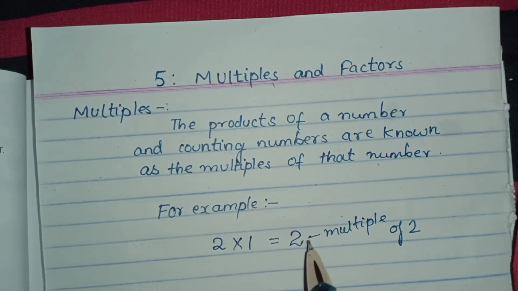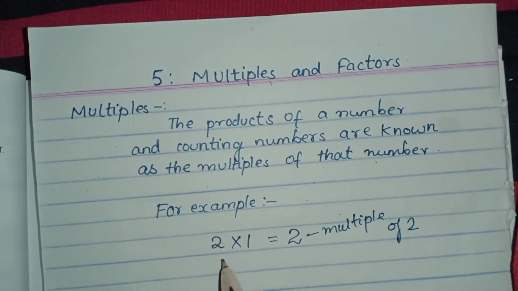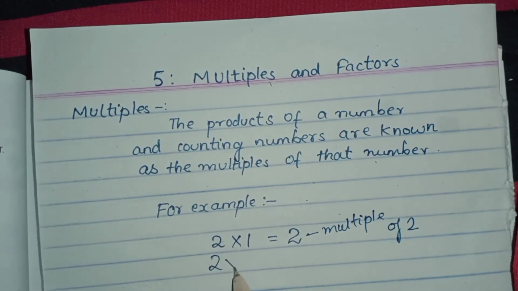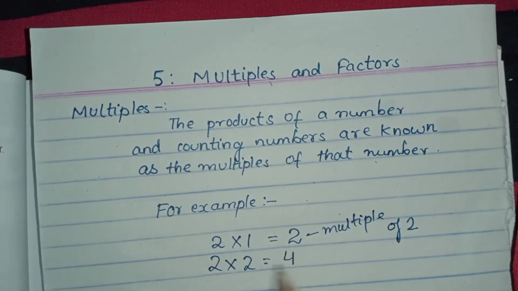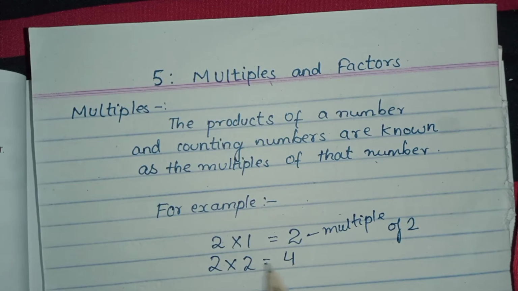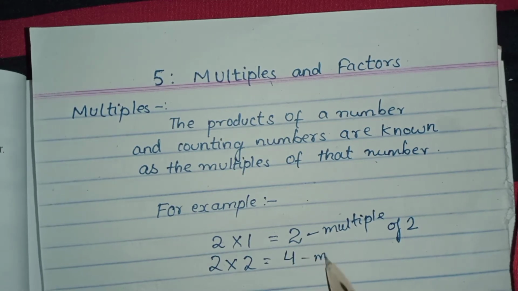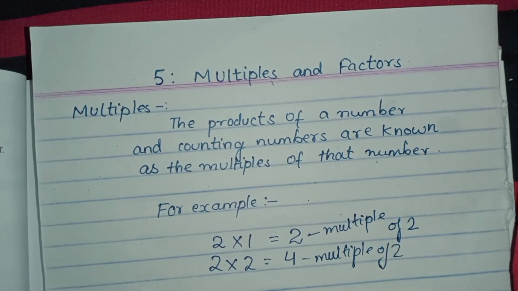This one is the multiple of what? It's the multiple of 2. Next you see 2 when multiplied by 2, what we got? 4. So 4 is the multiple of 2. This one is also a multiple of 2.